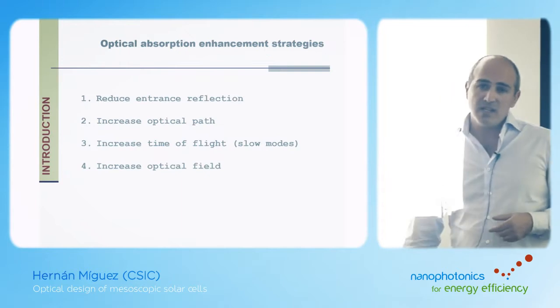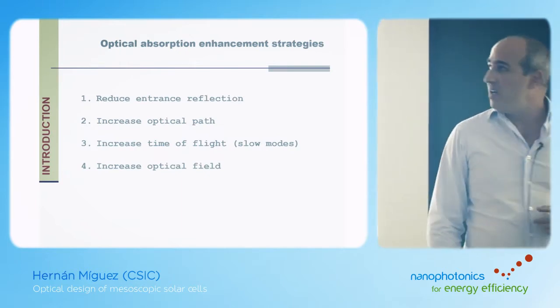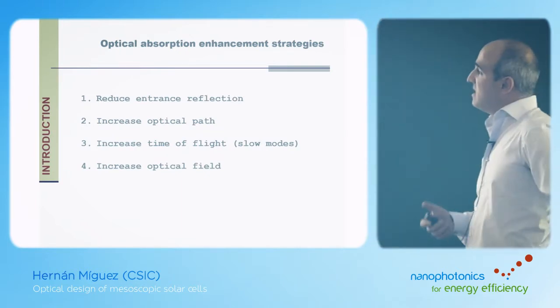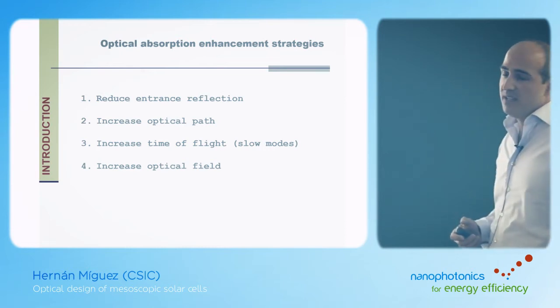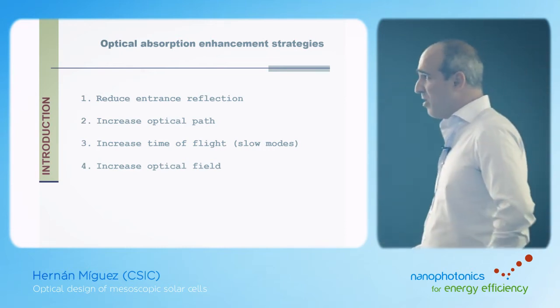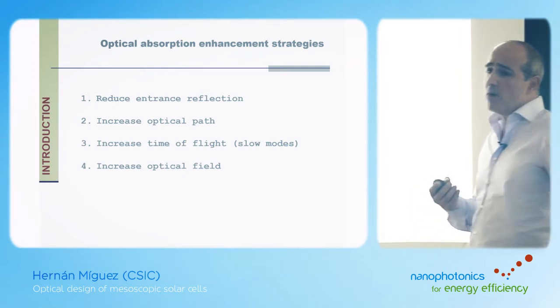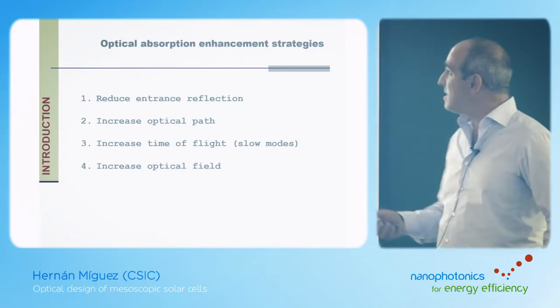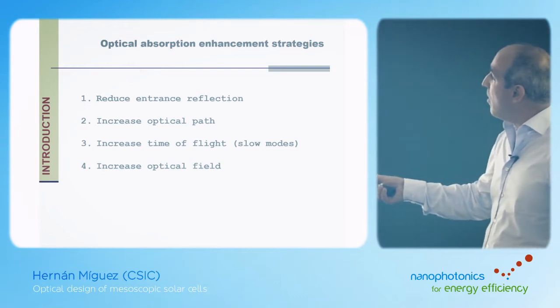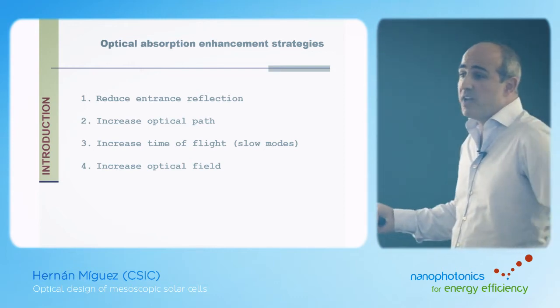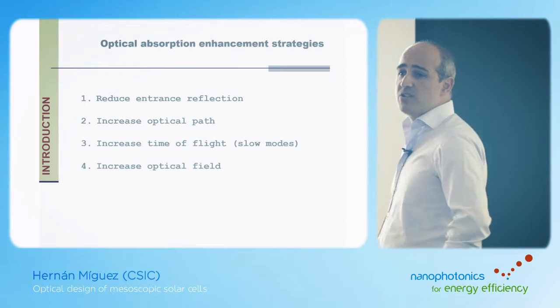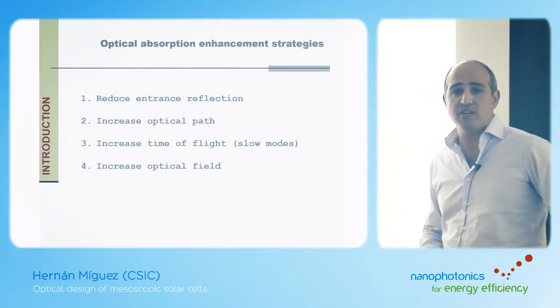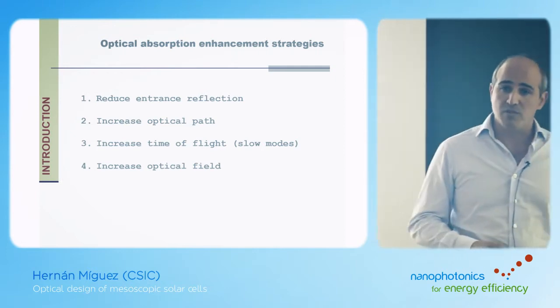Well, there are a few strategies. Maybe there are some others I'm missing here, but I think the main ones you will find in the literature, if you look for optical design of solar cells, will be the obvious one, which is to reduce entrance reflection. And this is used in all sorts of photovoltaic devices in general: to use an anti-reflective coating, right?